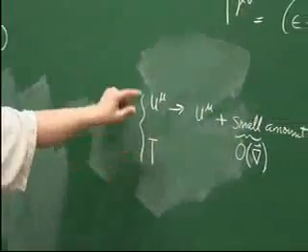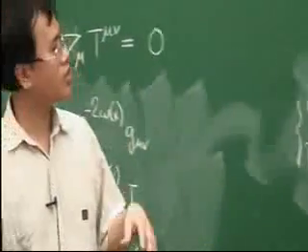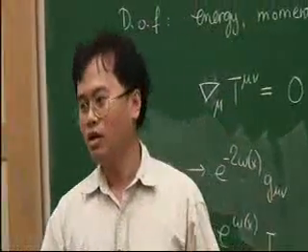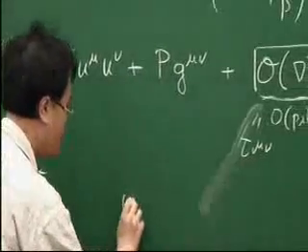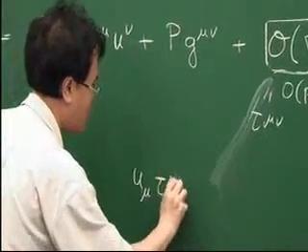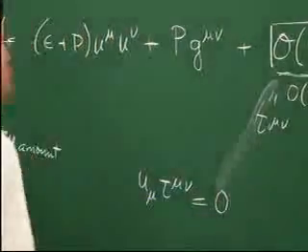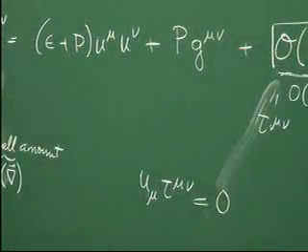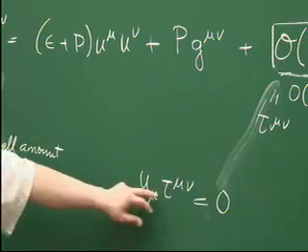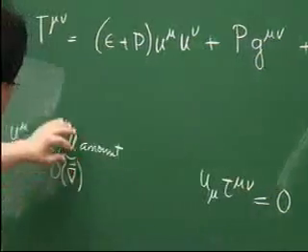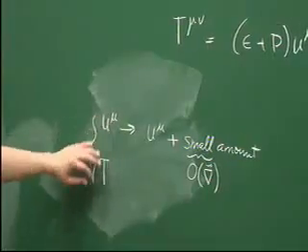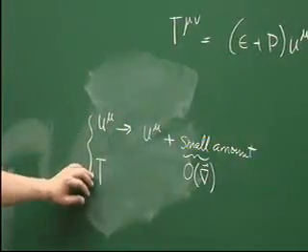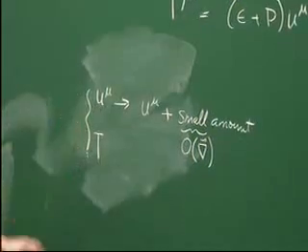So in order to fix this redundancy, we have to choose a gauge, and the gauge that we usually choose is u_μ τ^μν = 0. So you can see here the number of equations that fix the gauge is equal to the number of small shifts in T and u that we can make.